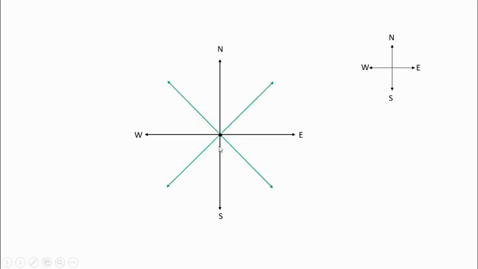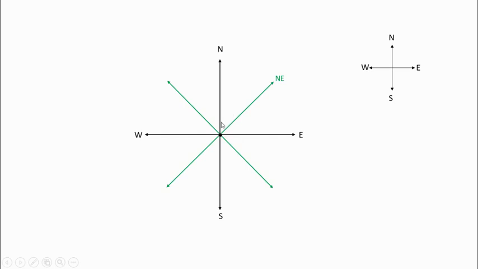What if it's something in between? Between north and east, we can call that northeast. But careful now, there's only one specific direction that we call northeast, and that's exactly halfway between north and east.